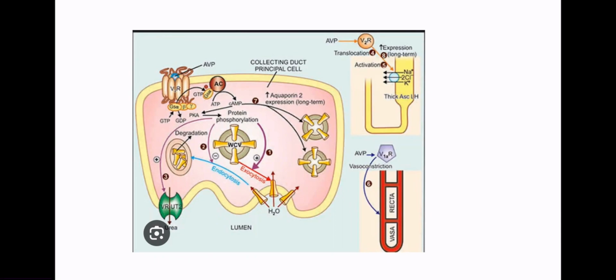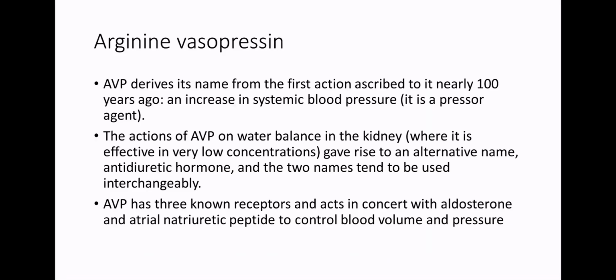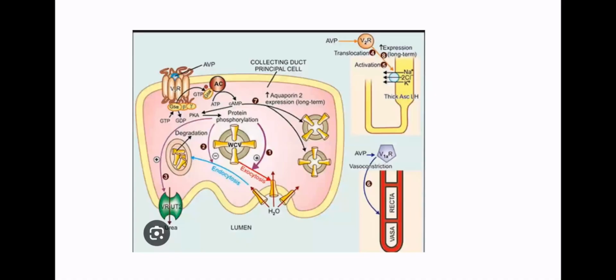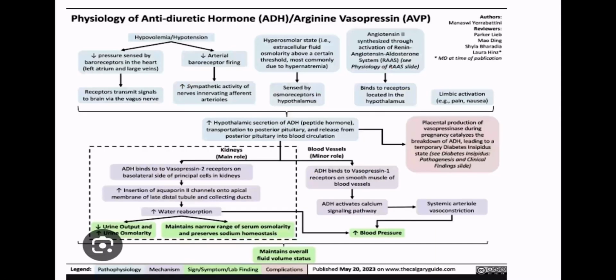So we can discuss it in the slide. It has three receptors concerned. Yes, this diagram explains it all. The text in the book tells that if there's hypovolemia or hypotension, that is, decreased blood volume by just 5 to 10%, AVP secretion is stimulated.